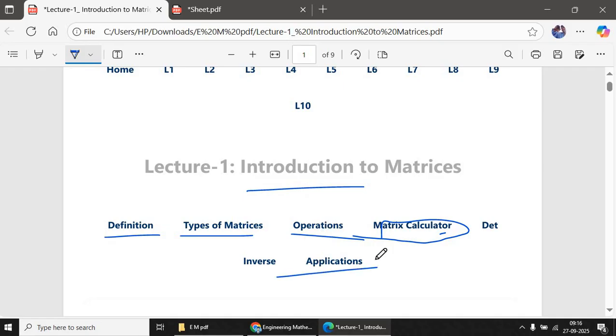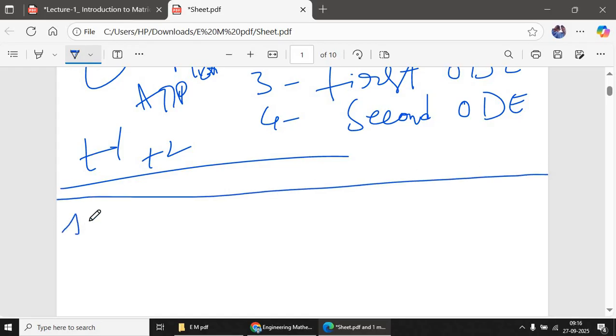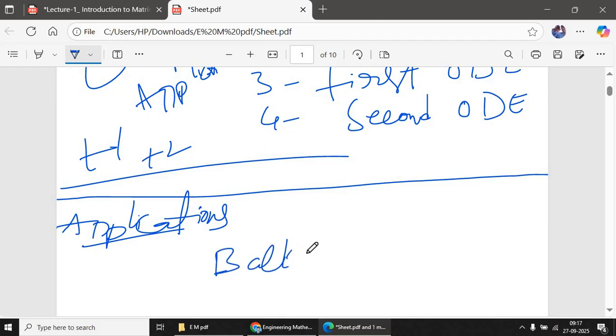Before going to the matrix itself, let's first discuss applications. Matrix theory is the backbone of machine learning and deep learning.